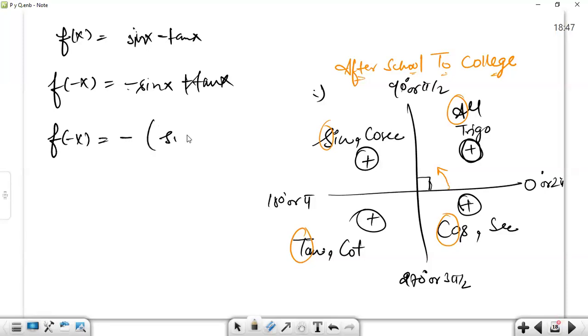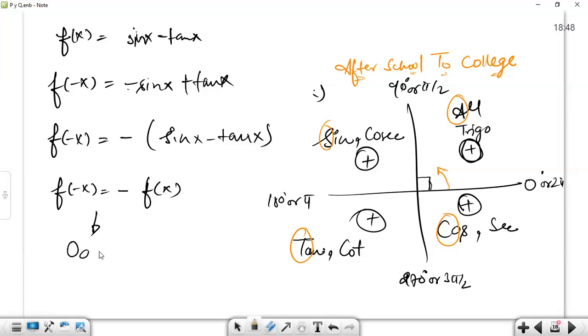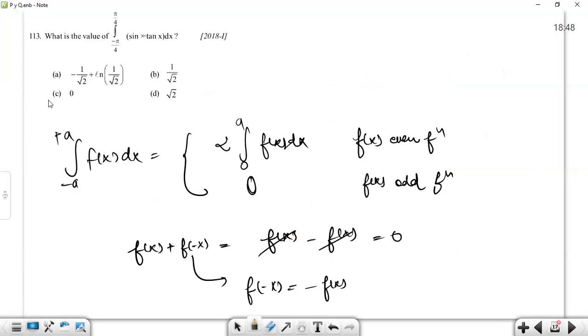Taking minus common, we get minus of sine of x minus tan of x. So the remaining expression can be written as f of x. This proves that the given function is an odd function. And hence, for an odd function, this property says that the definite integral's value would be 0. So option C is the correct answer.